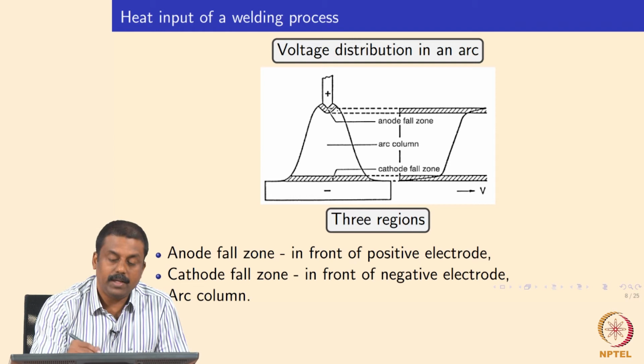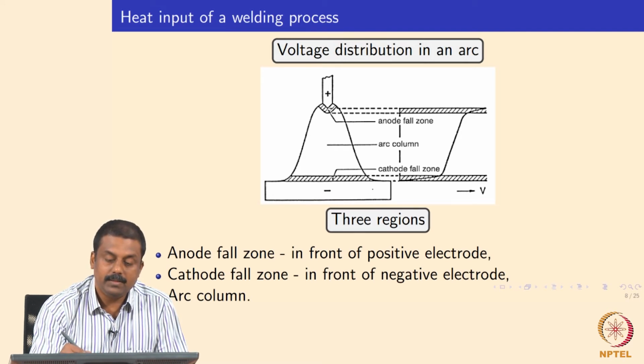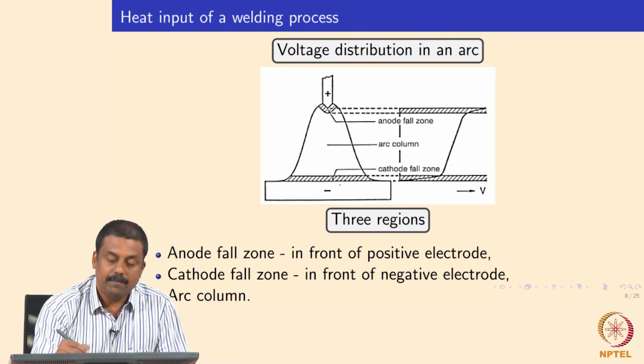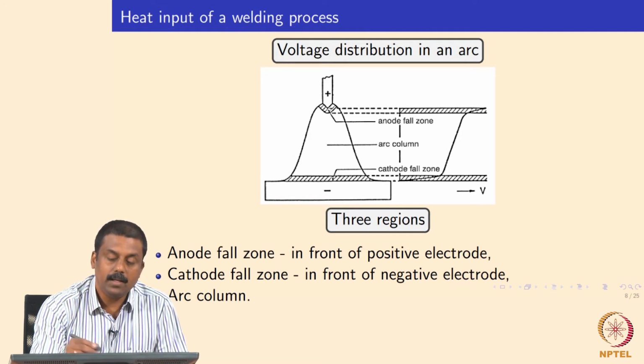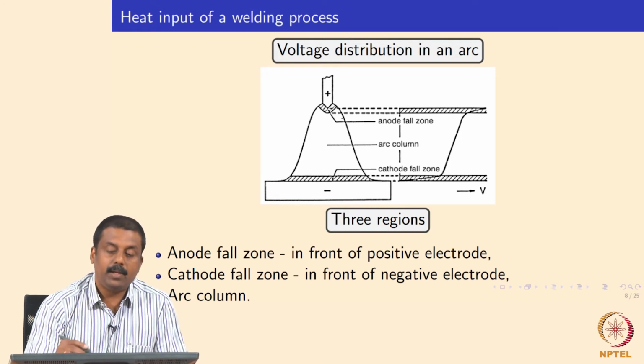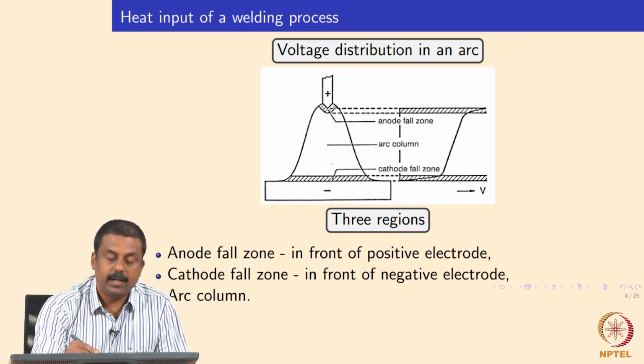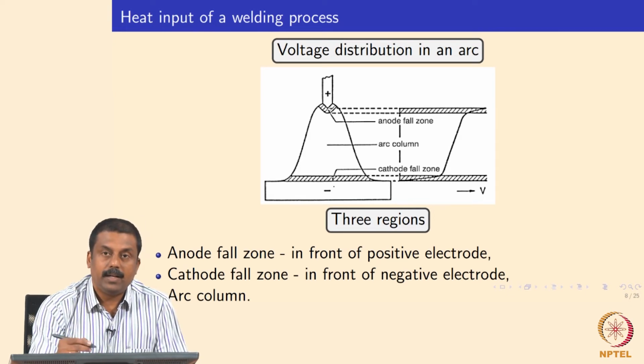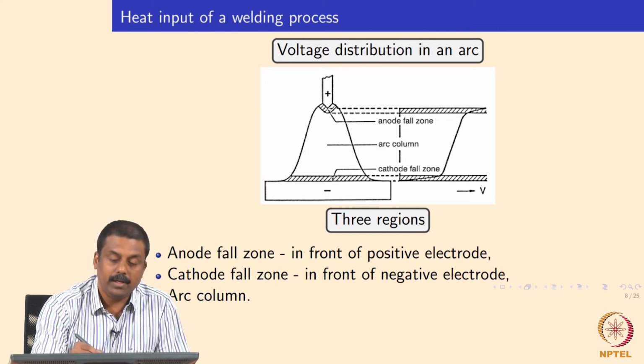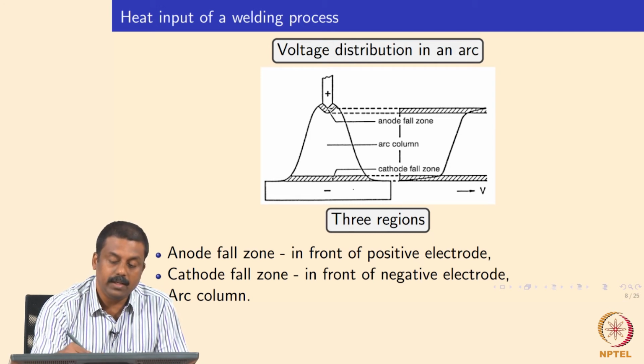Based on your polarity, you may either transfer electrons from the filler wire to the workpiece, or transfer ions towards the workpiece, and if the workpiece is negative, you will be transferring electrons to the filler wire. But in a GMAW process, you will also be melting the electrode and transferring the droplets to the workpiece.